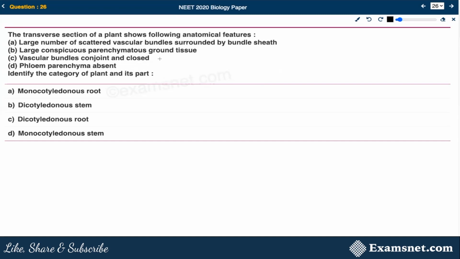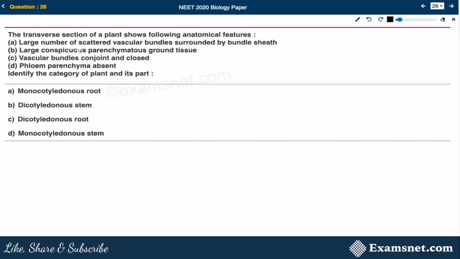There are a large number of scattered vascular bundles, which are surrounded by bundle sheath. The first option. Large conspicuous parenchymatous ground tissue is there. Option B. Option C is vascular bundles conjoined and closed. And then phloem parenchyma is absent.